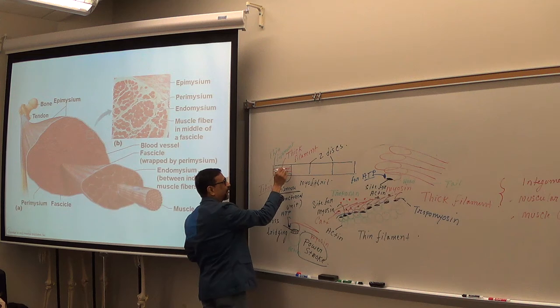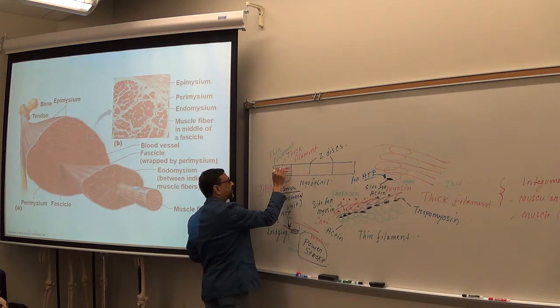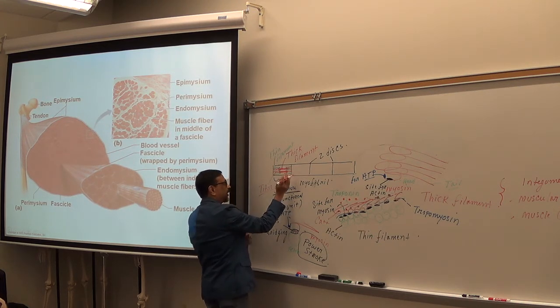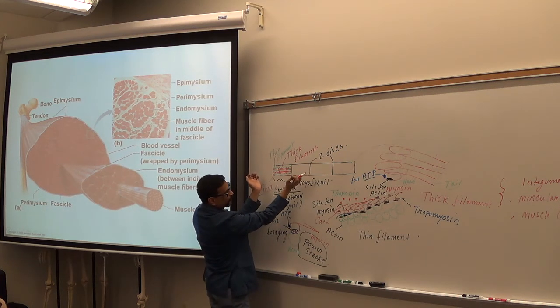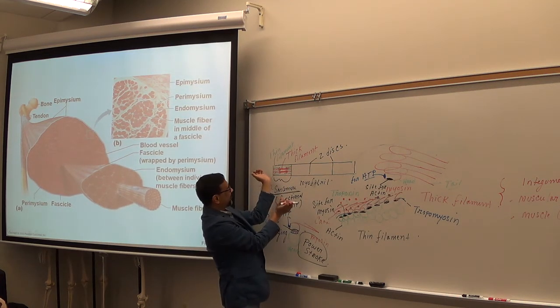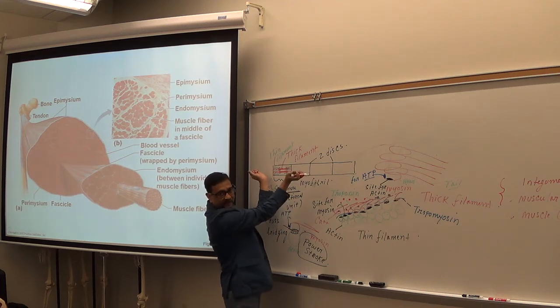Now you see here, these are myosin heads. They get attached to the actin balls. Same way here. And what will they do? From this side, these myosin heads will move this way, and from this side, these myosin heads will move that way. Make sense? Like this.